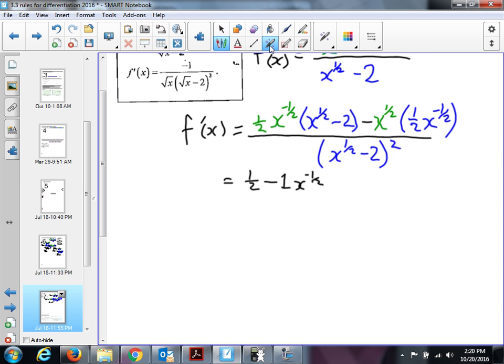Now, this minus sign here, and multiply these two items. Now, we've already talked about how the x to the positive 1/2, x to the negative 1/2 come out to be x to the 0, so 1. So we're just left with the 1/2 part of the expression, so minus 1/2. Now the bottom, just leave as is, it's squared.